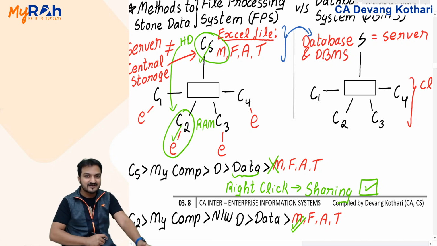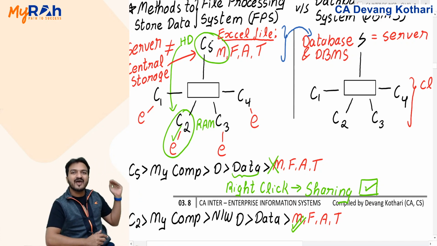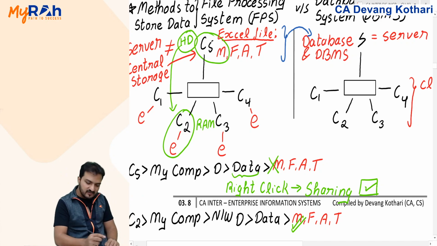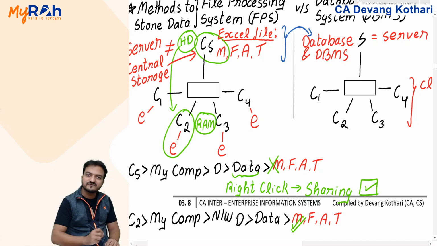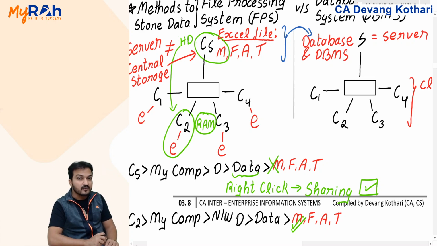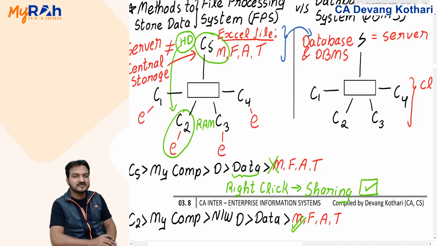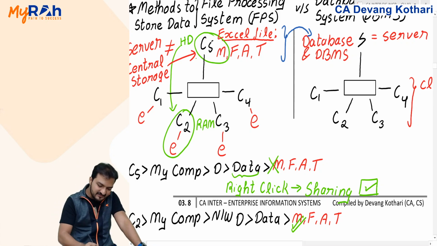So notice your data never enters the RAM of C5. This is where I said that if the RAM of C5 is not used, the CPU of C5 was not used. So file sharing network was the network in which my central computer here is not a server.